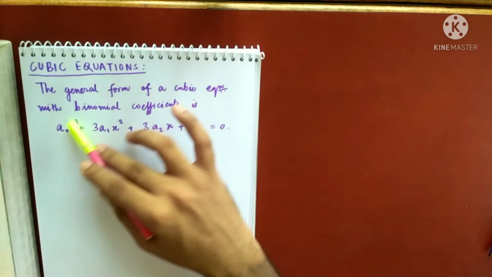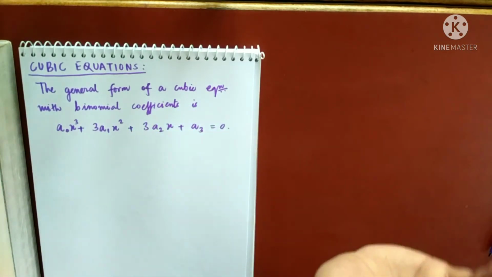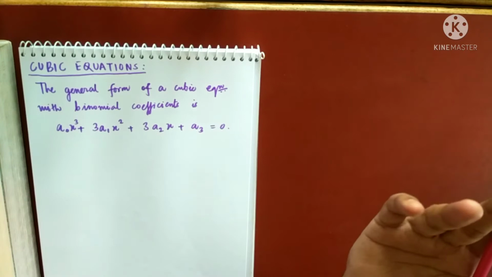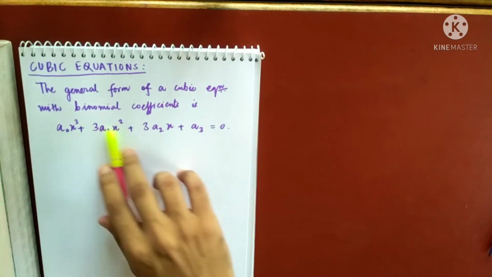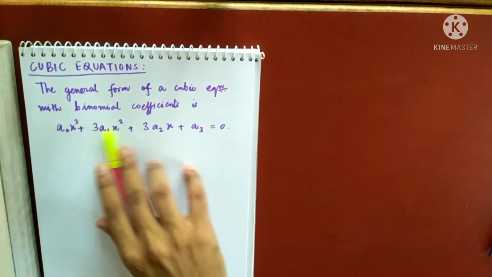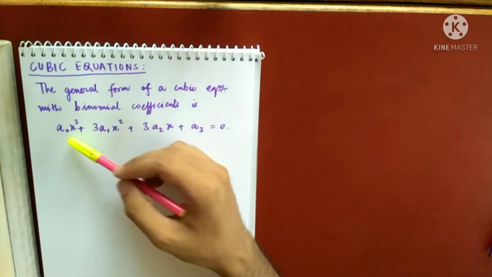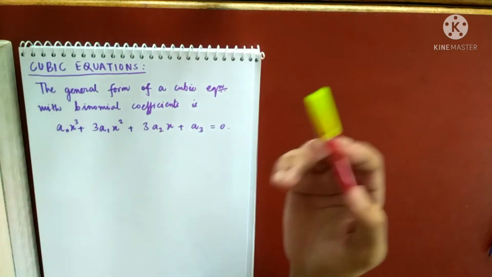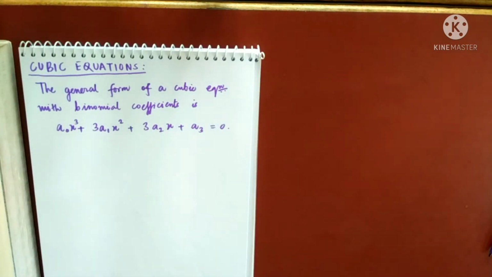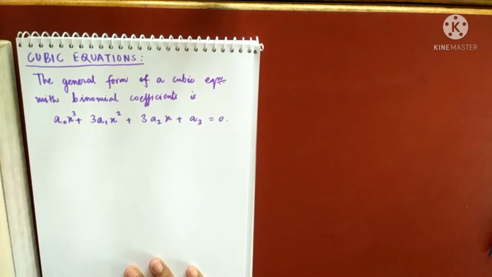Now we will try to solve it. You see, we don't have any general formula for solving a cubic. We'll try to generate a process for solving this kind of cubic equations which have binomial coefficients like this. This a0, a1, a2, a3 can be any numbers provided a0 is a non-zero number. Keep that in mind.